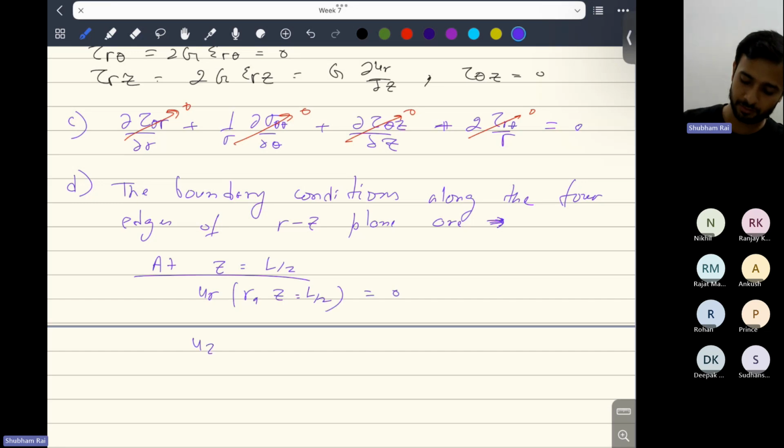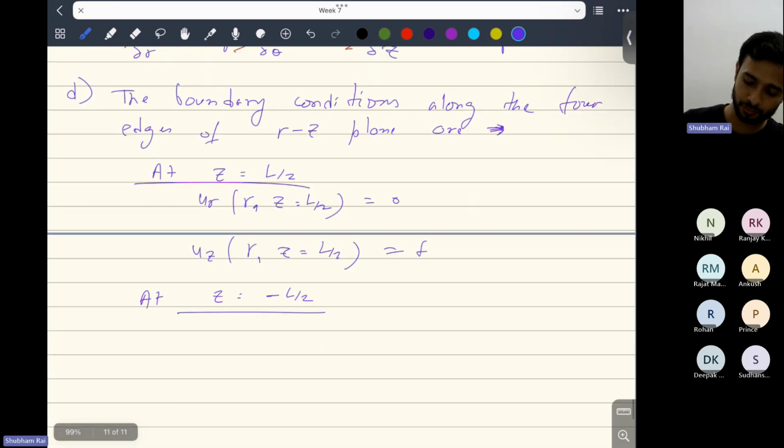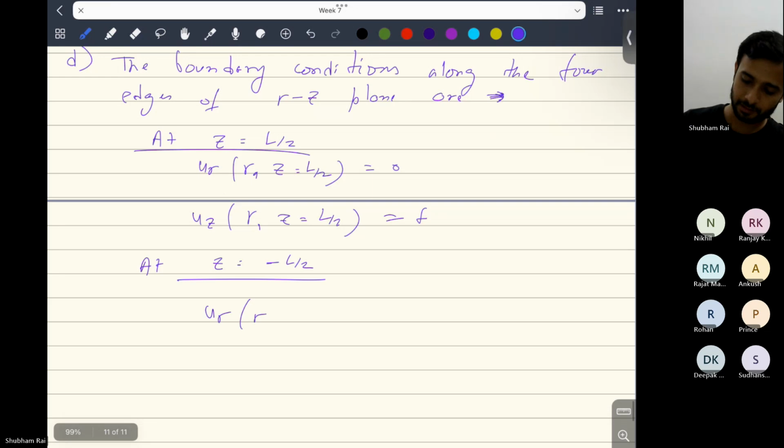And obviously, this UZ will be prescribed. So UZ at Z is equal to L by 2 will be delta, right? Then you have at Z is equal to minus L by 2. So what do you have? UR is again 0 and UZ is again prescribed.